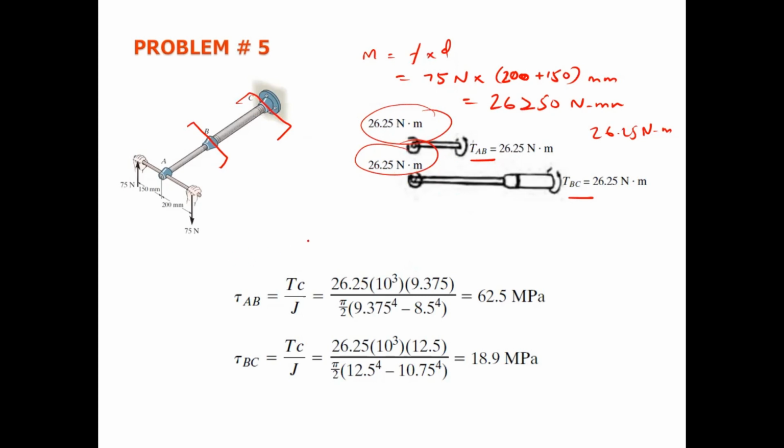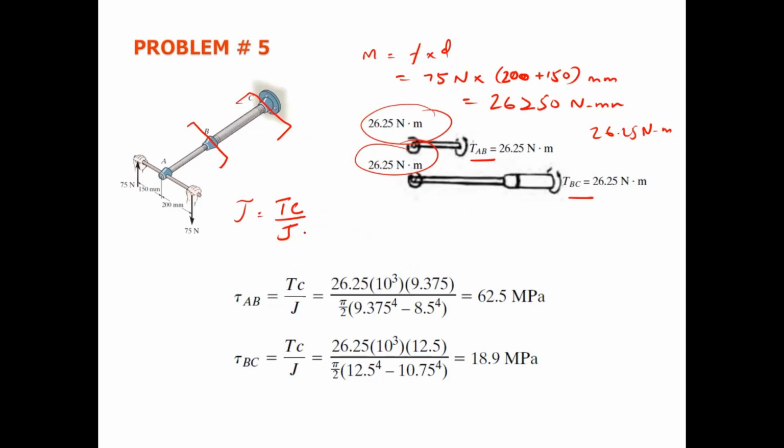Now, what is the formula of shear stress? Tau is equal to TC over J, where J is the polar moment of inertia, and C is the radius.